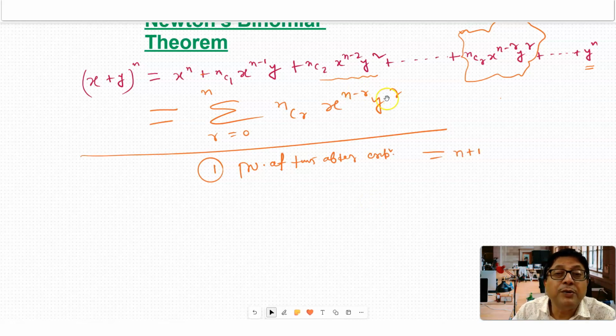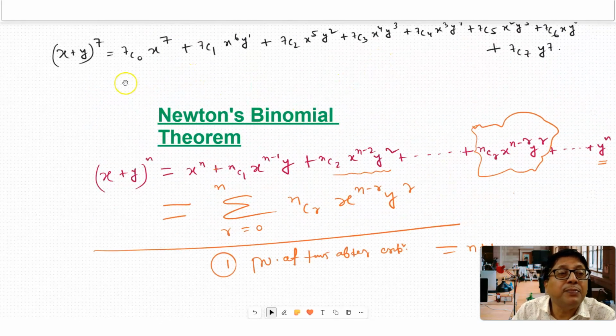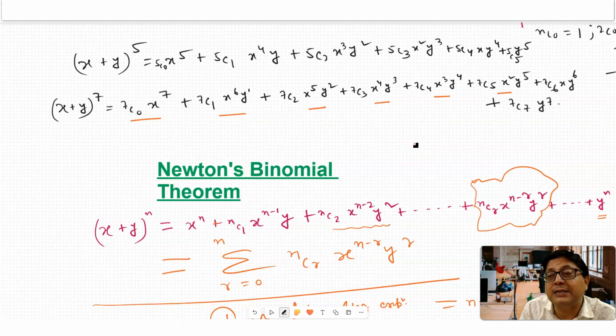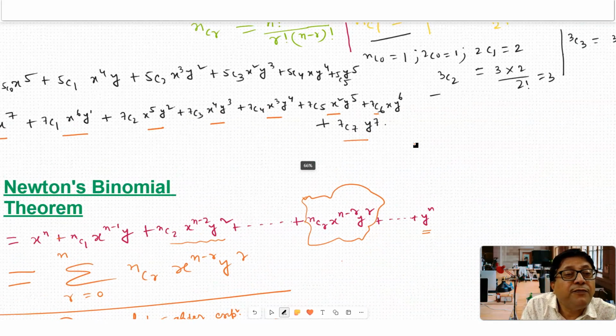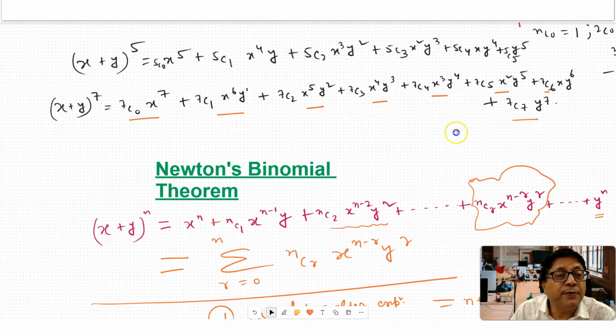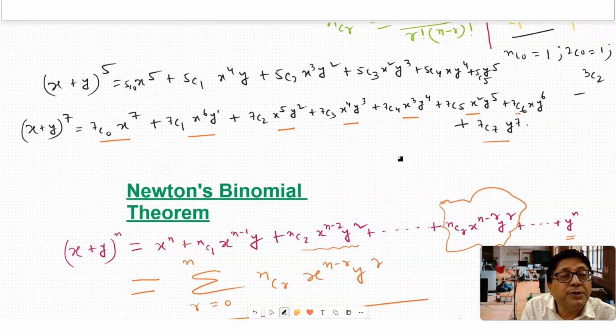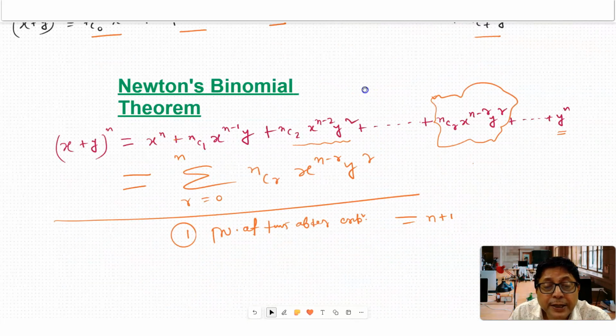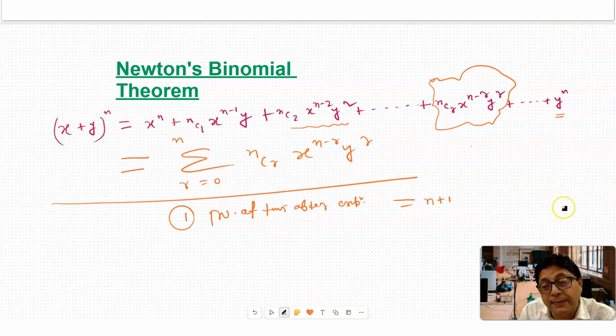That I told you earlier with those examples. If it is 7, just count here: 1, 2, 3, 4, 5, 6, 7, 8. For 5, how many terms are there? Again you start counting: 1, 2, 3, 4, 5, 6. So if the index is n, the number of terms after expansion will be n plus 1.